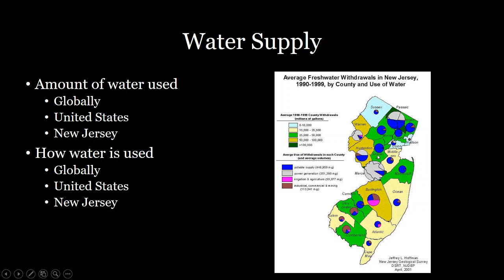And for example, Somerset County has the vast majority of its water going to that, whereas Mercer County, where you have a lot of hydroelectric dams, puts a lot of its water from that Delaware River to power generation. And then for example, in Burlington, where you have a lot of agriculture, you have a lot of irrigation and agricultural use of that water.